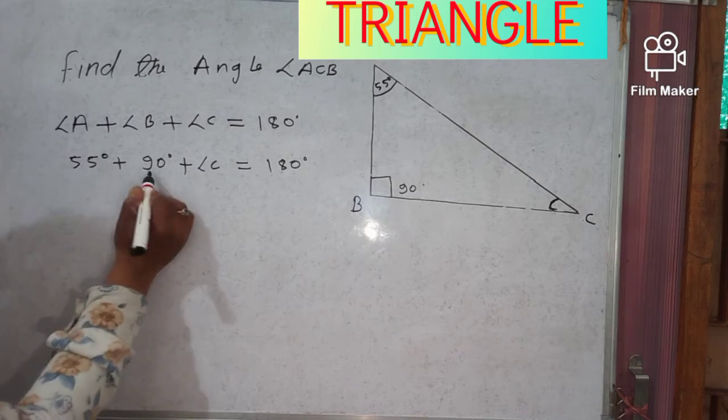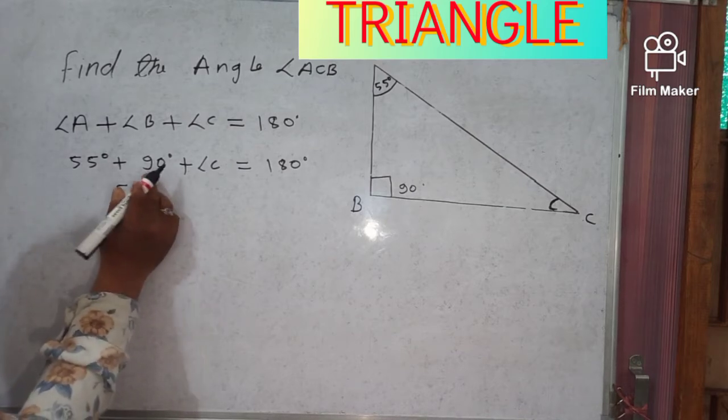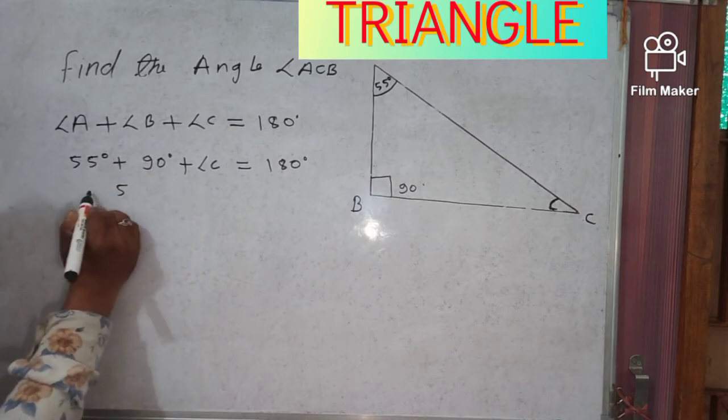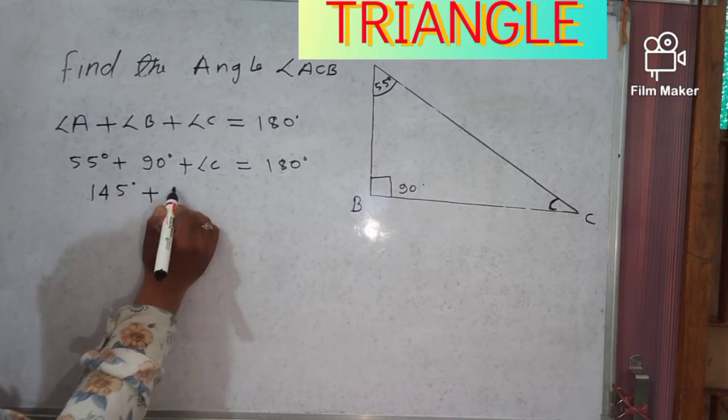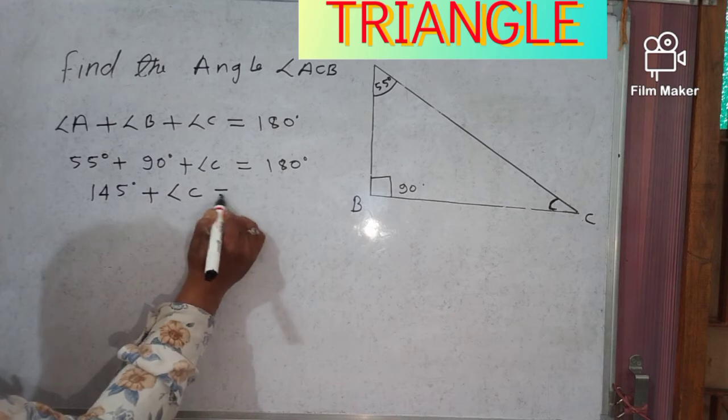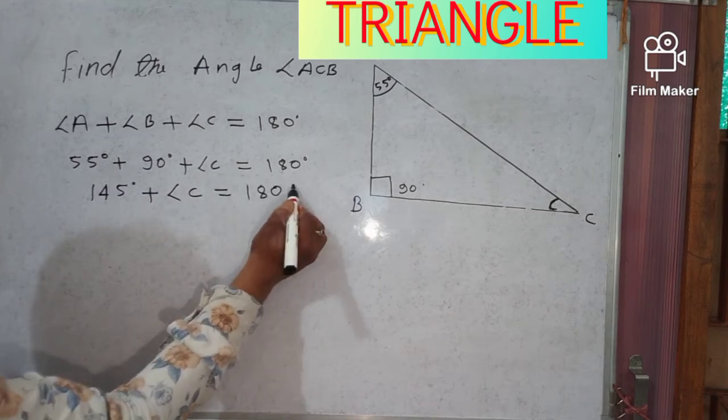Now add this: 55 plus 90 is 145 degrees, plus angle C is equal to 180 degrees.